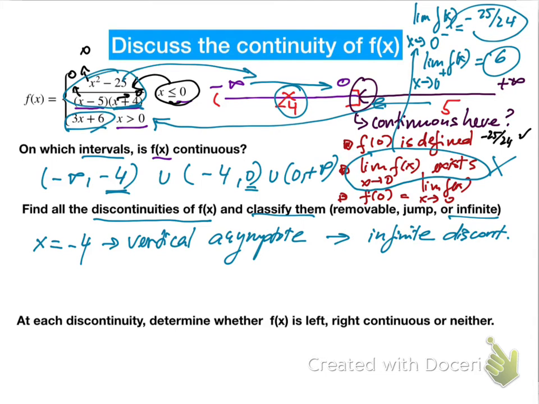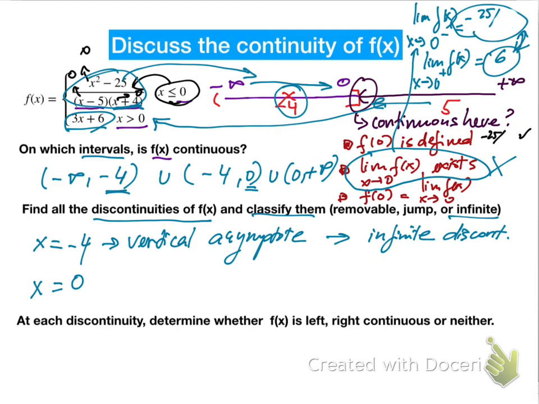When x equals 0 is another discontinuity, and we found that the limits from the left and the right are not the same, so you have a jump from the left to the right. From negative 25 divided by negative 5 times 4, so negative 25 over negative 20.